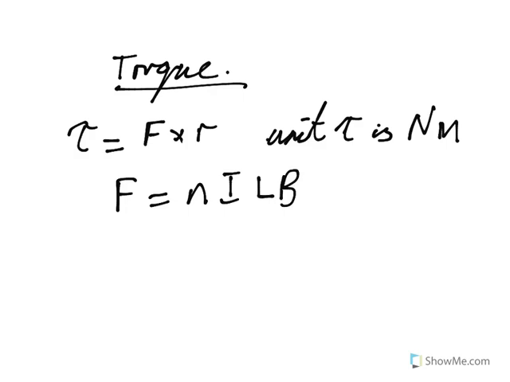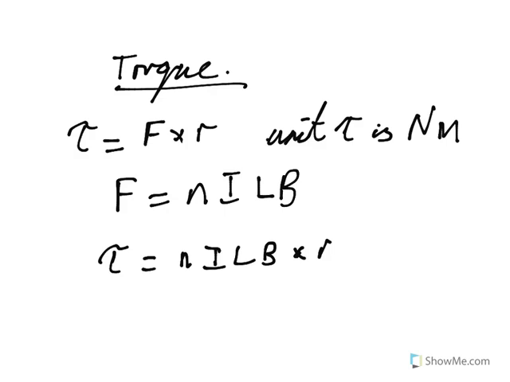Alright, so the torque then produced by a wire in a magnetic field would be the force times the radius, so NILB times the radius.